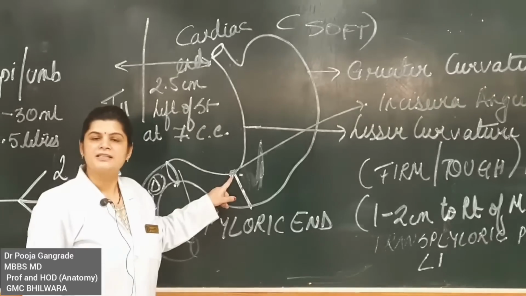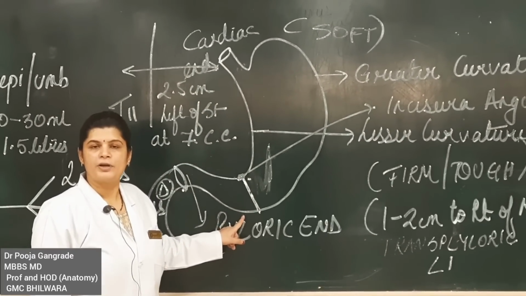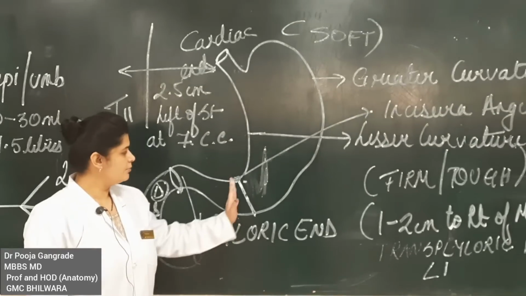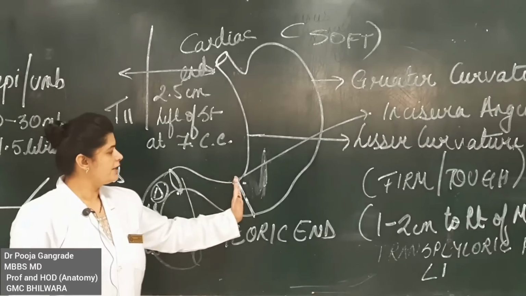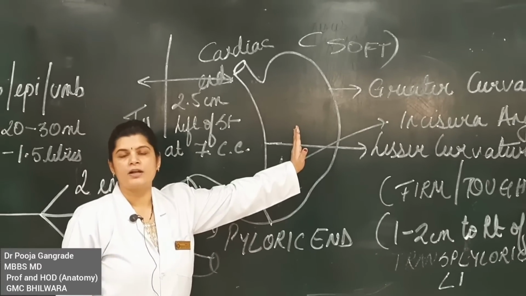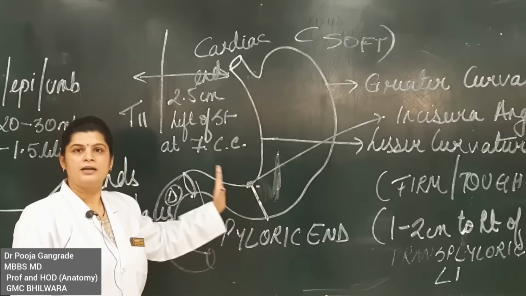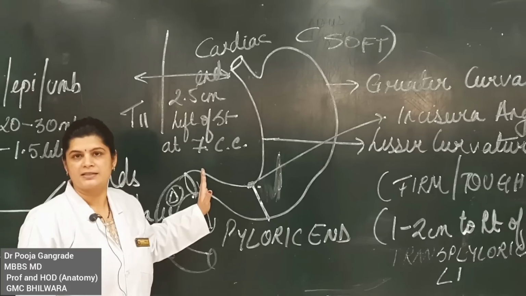If from this end we mark a point onto the greater curvature of the stomach, we will now divide the stomach into two parts. The part which is above this is called the body of the stomach, and the part distal to it will be called the pylorus.